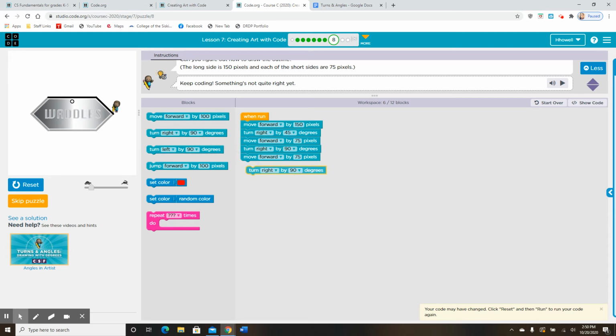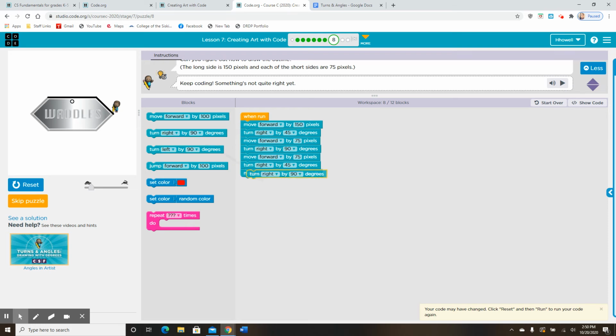Then we want to turn right again, and that's by 45 degrees. We've already established that. Now we're on the long side again, and it told us it was how much? Right, 150 pixels. And now we're back over here on these edges, so we're going to repeat these.